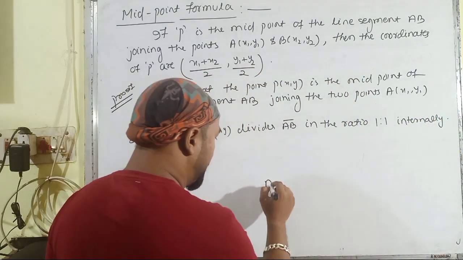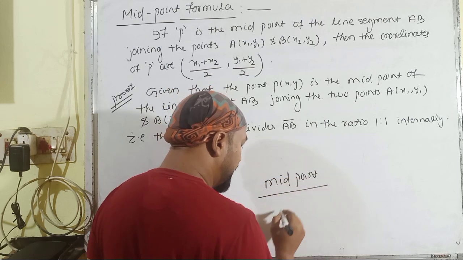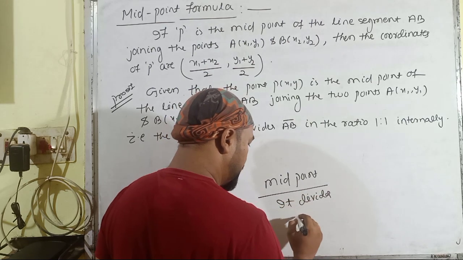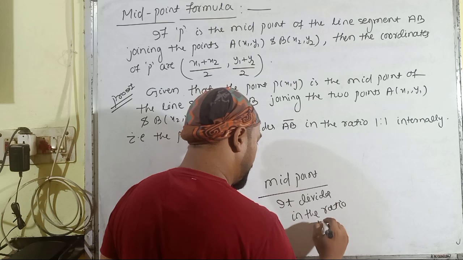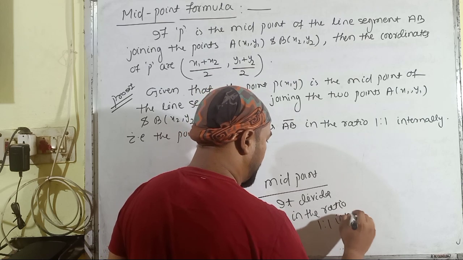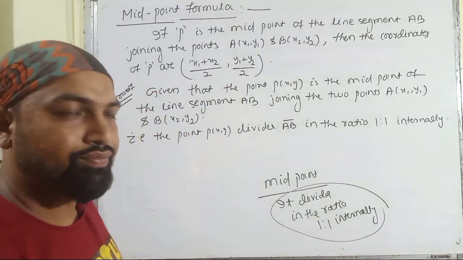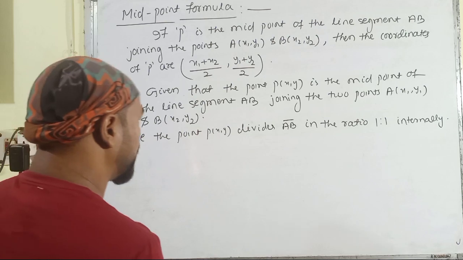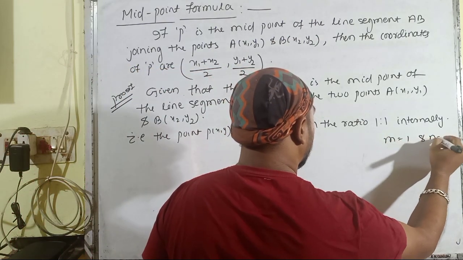So the word midpoint means it divides in the ratio 1:1 internally. So from the internal division, here m is equal to 1 and n is equal to 1.